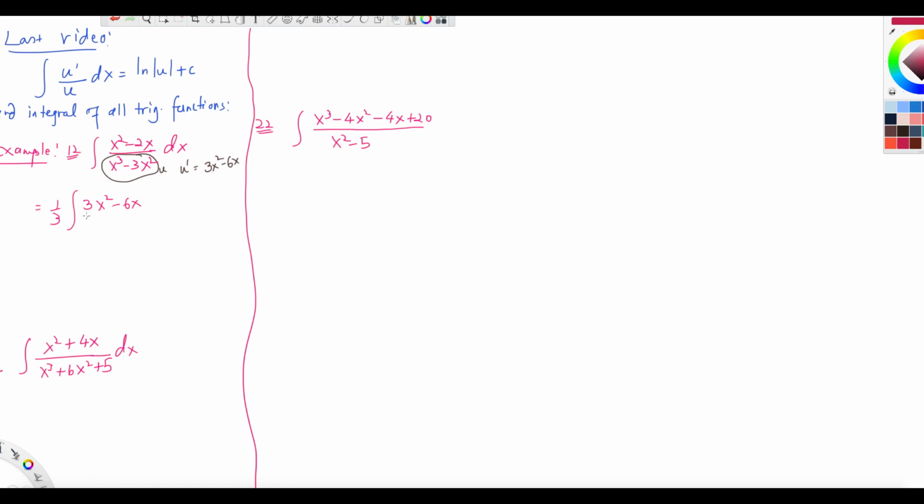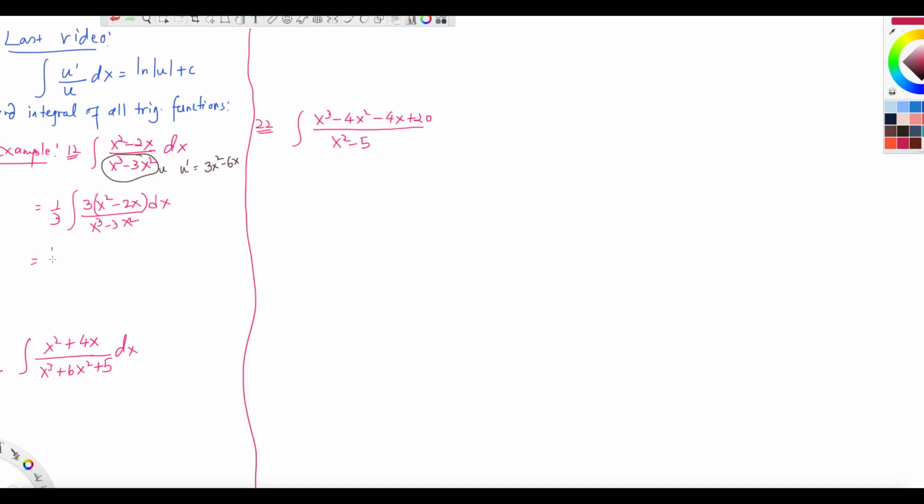I'm multiplying by 3 and then dividing by 3. If you cancel that, it will be the same as the previous one, right? And over x cubed minus 3x squared, dx.